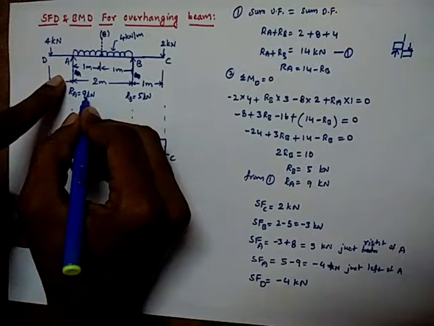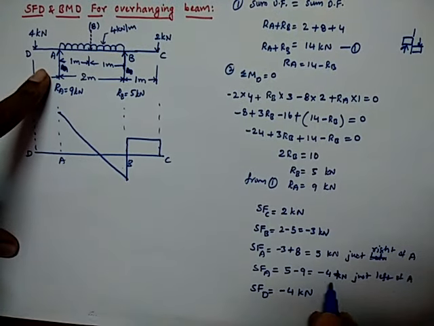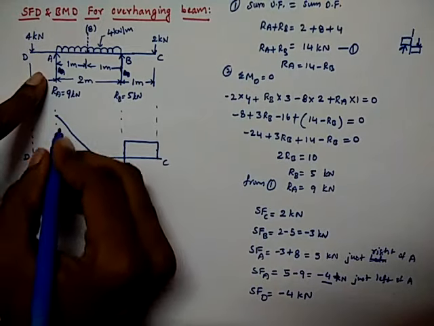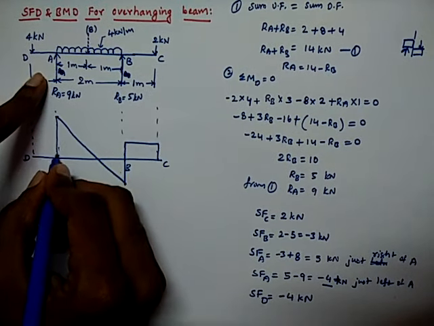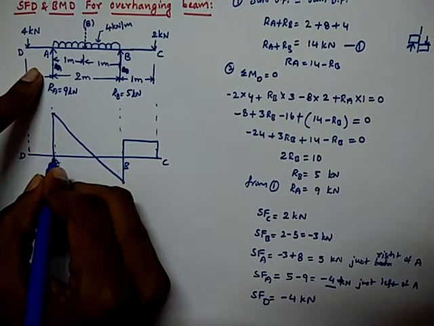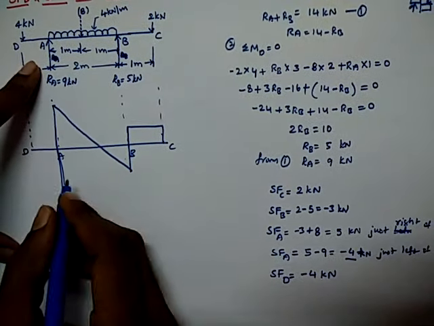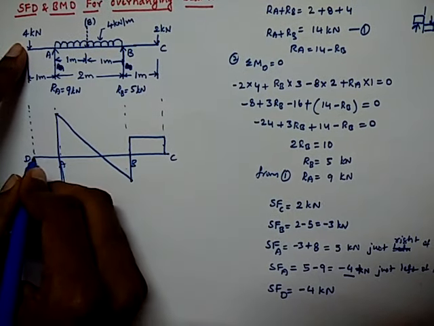Because here once again minus 9 is acting, the value just left of A we got as minus 4. So from plus 5 to minus 4 is the shear force value here, so it is a vertical line, and from A to D no force is there, so it will continue up to D and close the diagram.